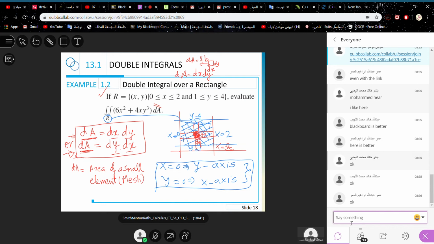This is a small element, this red one you can see in the graph. This red one is the mass. So we divided the whole region into several masses, right?